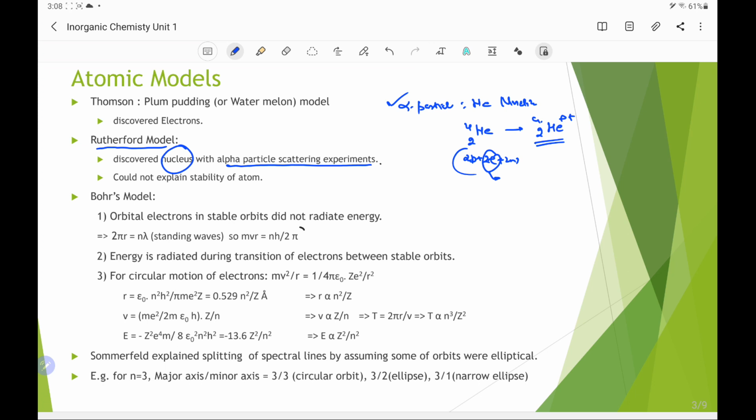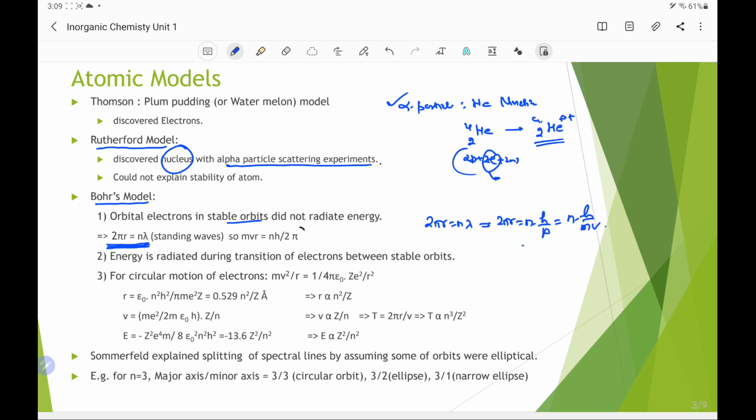Next, Bohr gives his model, according to which the electron revolves in stable orbits in which it does not radiate energy. In the stable orbits, the circumference will be equal to an integral multiple of the wavelength of the wave: 2 pi r equal to n lambda. Here lambda is the wavelength associated with the moving electron, and it is given by h by p with the help of the de Broglie formula. So 2 pi r equal to n into h by p, where p is momentum, written as mv.